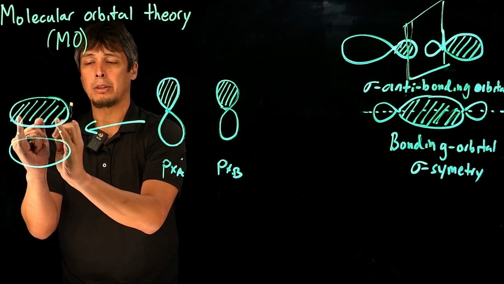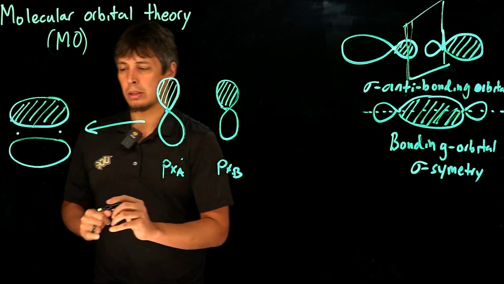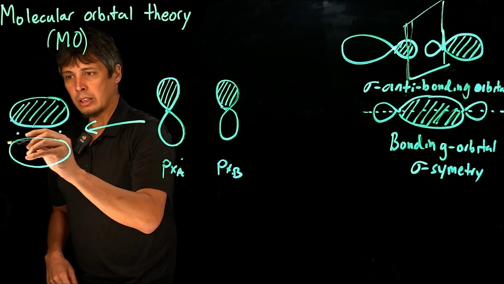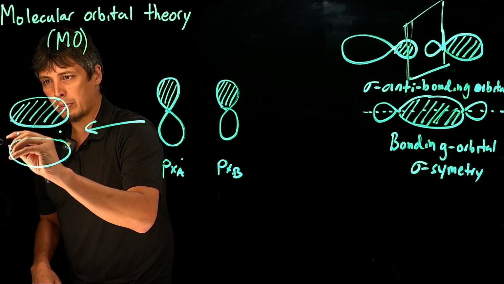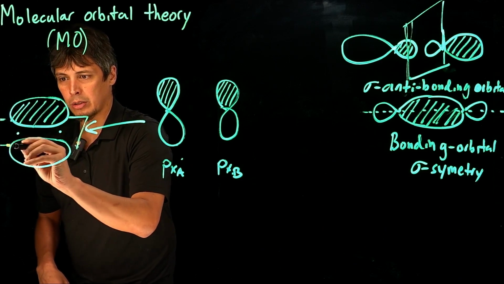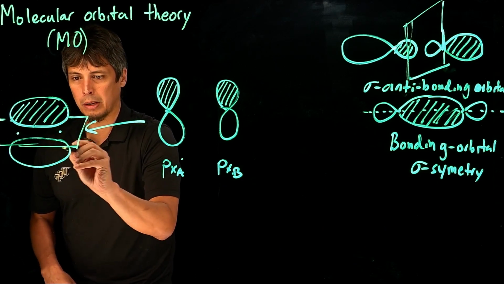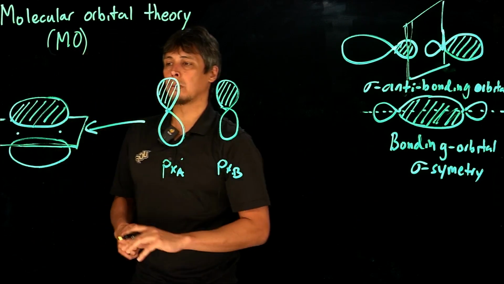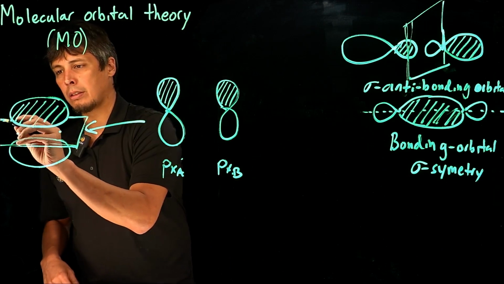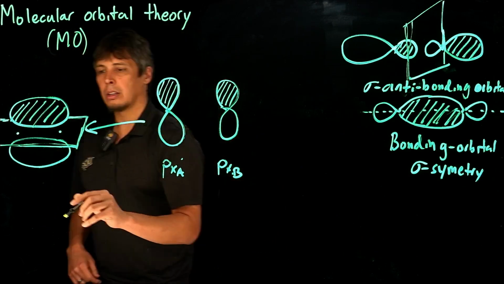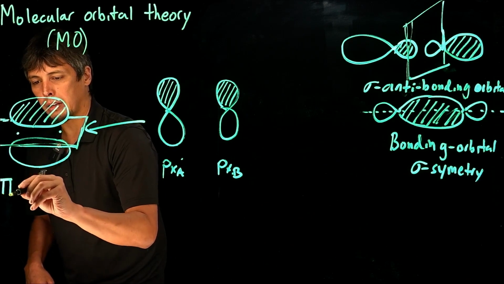So this is still a bonding orbital, but the symmetry is very different. In this case, we have a mirror plane, which we can also think of as taking the same space as the nodal plane between the two lobes. But we have this mirror symmetry, and what we call this is a pi bonding orbital.